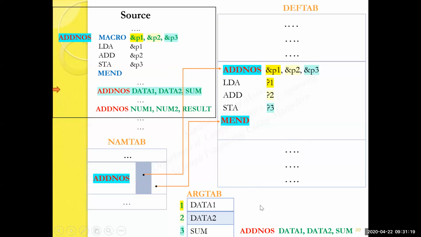So the argument table set up for this macro invocation add numbers data1, data2, and sum is as shown in the argument table here. Note that we keep it in the order of its position because it allows the substitution of parameters that is indicated with the positional notation. For example, ?1 will be replaced with data1, ?2 would be replaced with data2, ?3 will be replaced with sum.